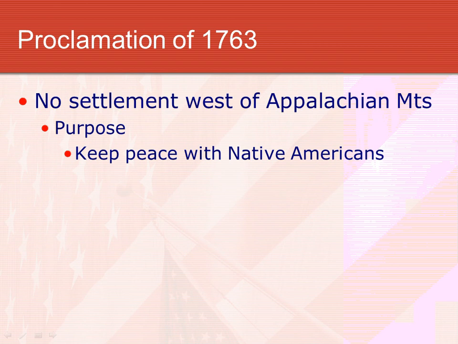Now, the British don't want any more fighting with the Native Americans. They figure if they keep the colonists out of the Native American land, which is now technically owned by Great Britain, Native Americans will be happy. Nobody will be stealing their land. Nobody will come trespassing.